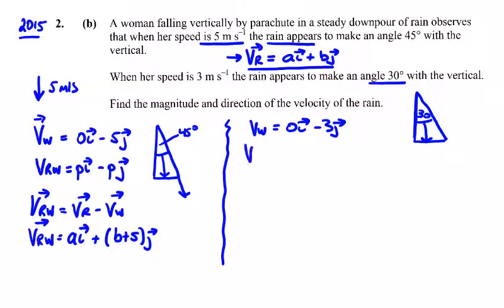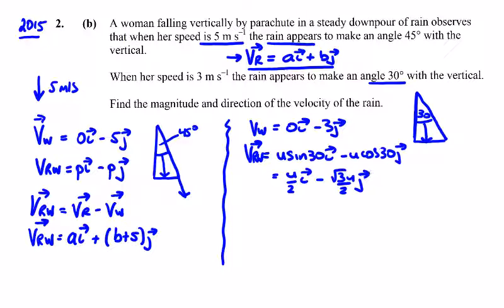So why don't we call the velocity of the rain, let's call it u sine 30 in the i direction minus u cos 30 in the j direction. Sorry, this is the rain, how it appears to the woman: u over 2 in the i direction minus root 3 u over 2 in the j direction.